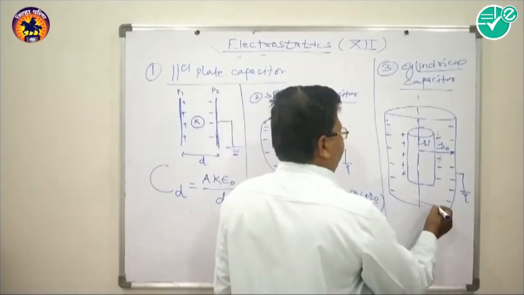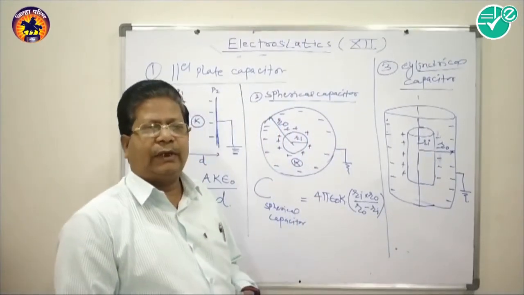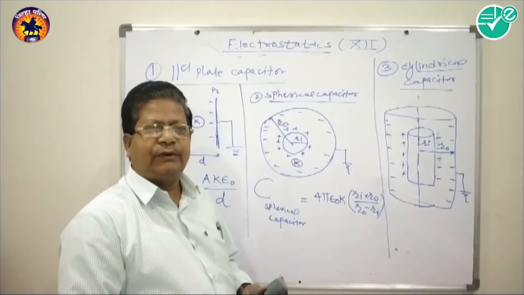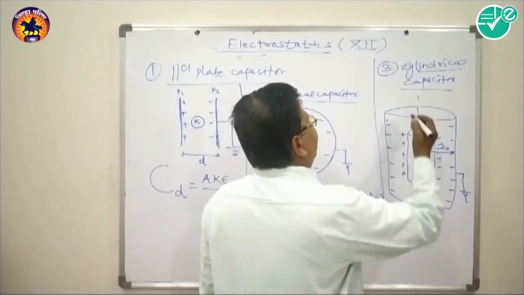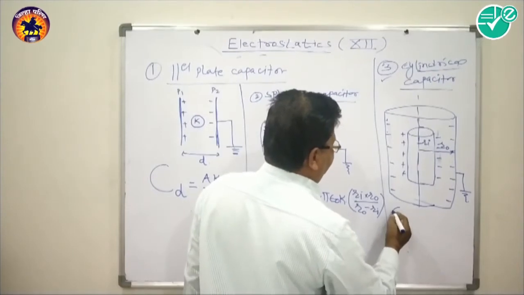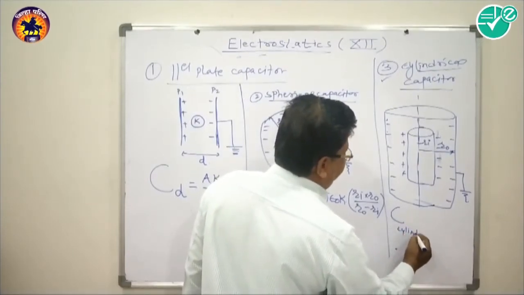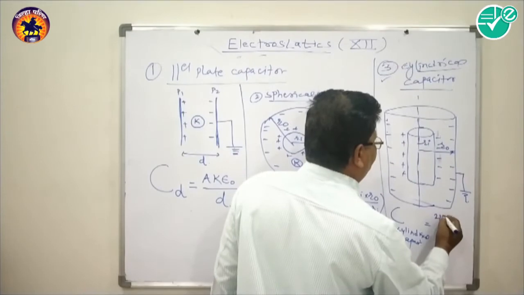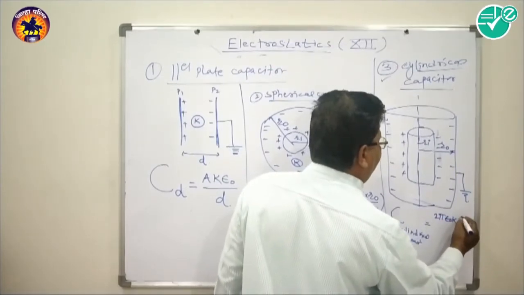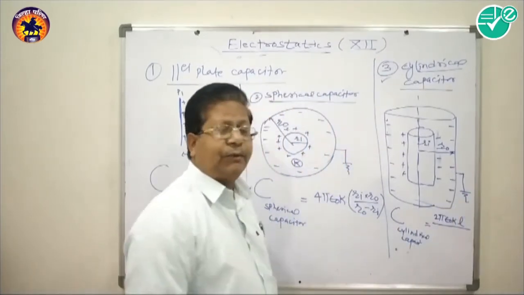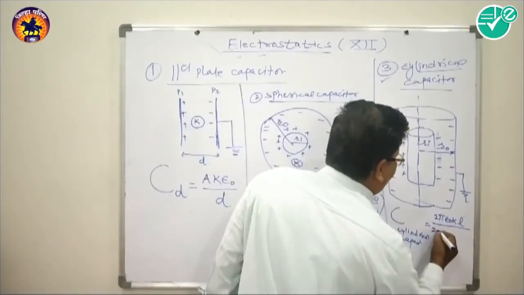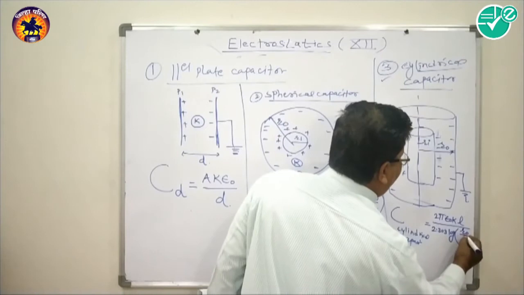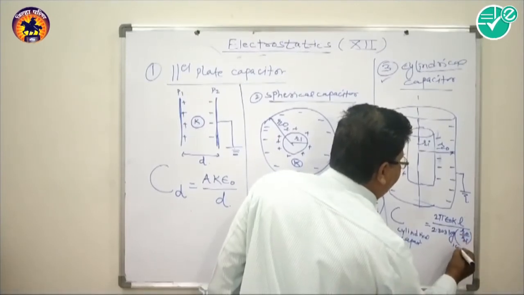The outer conductor is always connected to earth, and the reason is that the capacity of the capacitor increases. The capacitance of a cylindrical capacitor is given by 2 pi epsilon 0 K into L, where L is the length of the cylinder, divided by 2.303 log of Ro divided by Ri to the base 10.